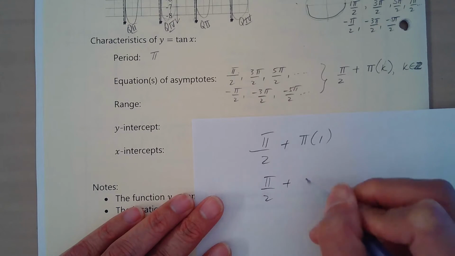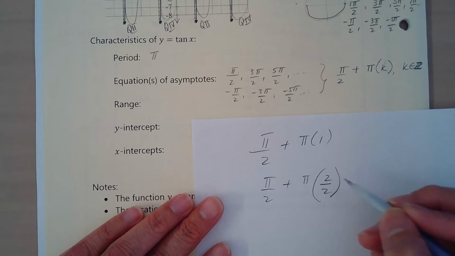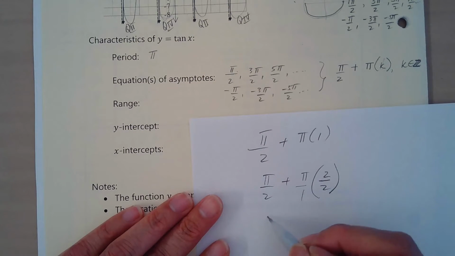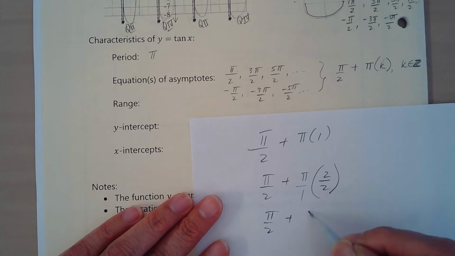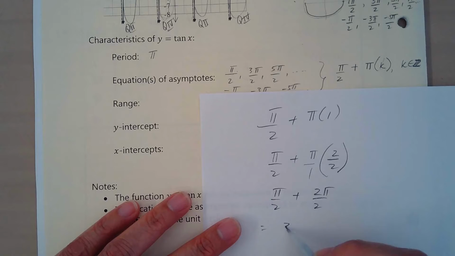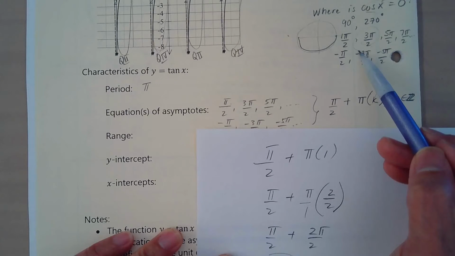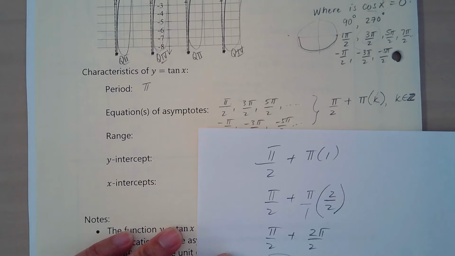Pi halves plus pi times 2 halves to make the same denominator. It's going to be pi halves plus 2 pi halves, which equals 3 pi halves. 3 pi halves.